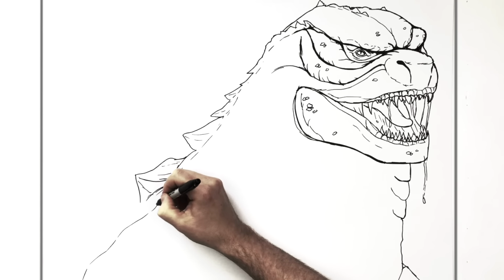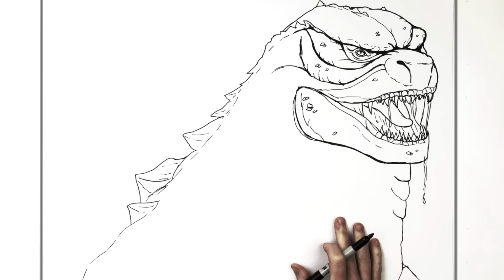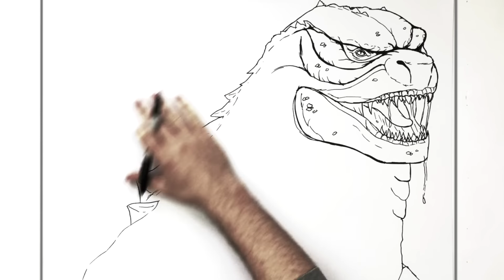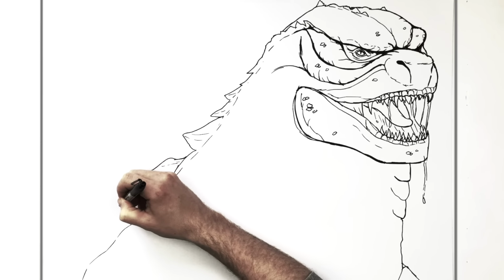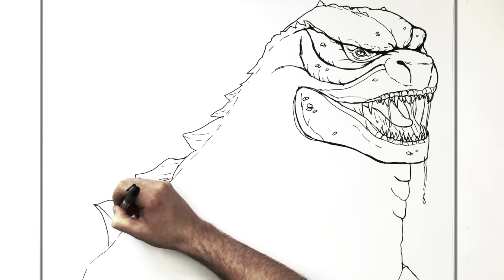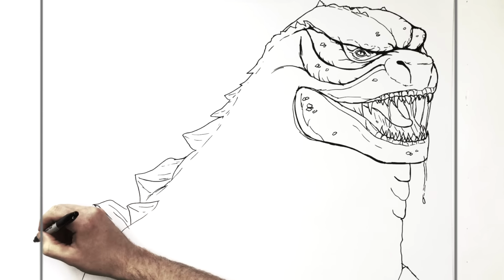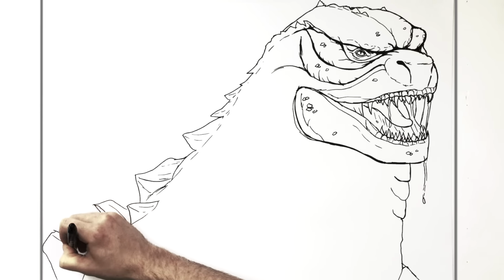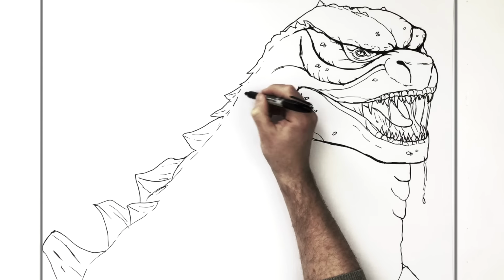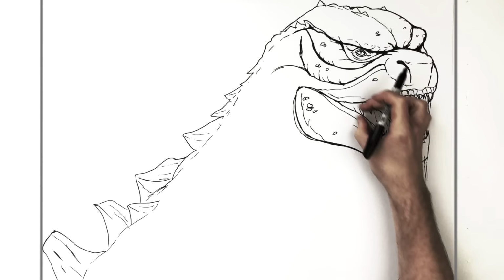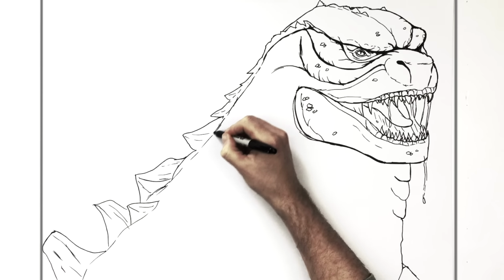So now it's just about adding details in this area and more spines along his back. You know, like this kind of stuff. Okay, so we've got two more layers of spine, right? So this comes down this way, right?